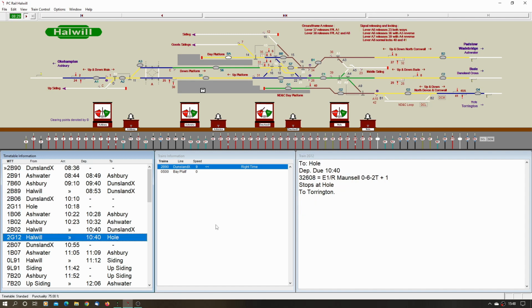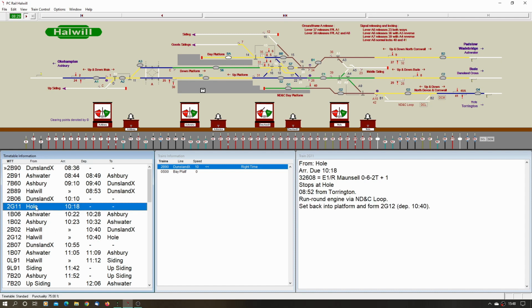Yes, there's not that many trains on this line, but we've got one here, 2G. So the G's are for the whole branch, the Torrington branch. So that one arrives at 10:18. So it does use the loop, you see, to run around the train, right? It arrives with a loco and 1 coach, not a push and pull. Run around engine.